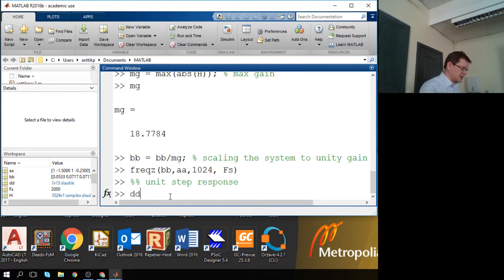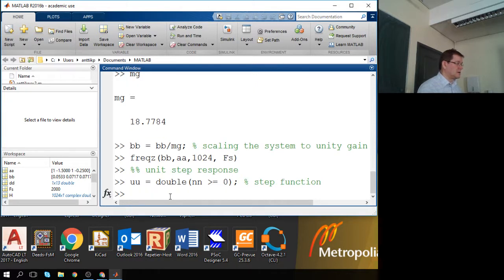Yes, I first need the step function. This is the step function. There. Okay, and then I can calculate, when I calculate this one, that was the impulse response, just replace that one with S and that one with the U. That will be then the step response.